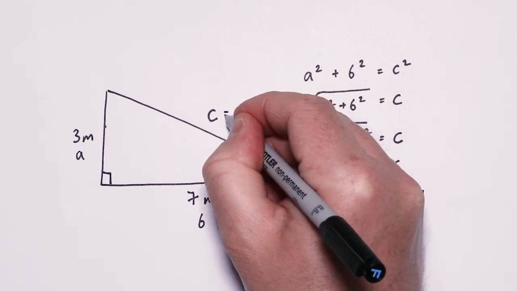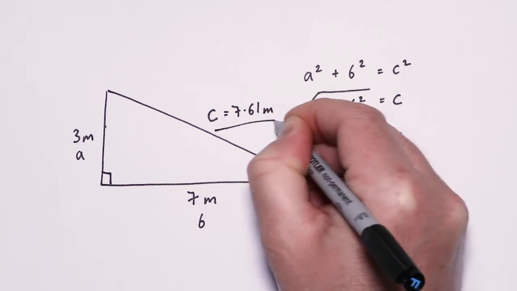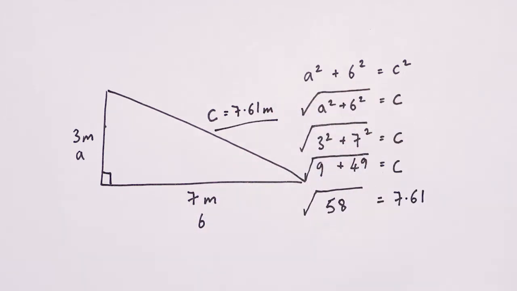So c equals 7.61 metres. So that's the first half of the maths you need to solve questions about right-angled triangles, Pythagoras theory, otherwise known as a squared plus b squared equals c squared.